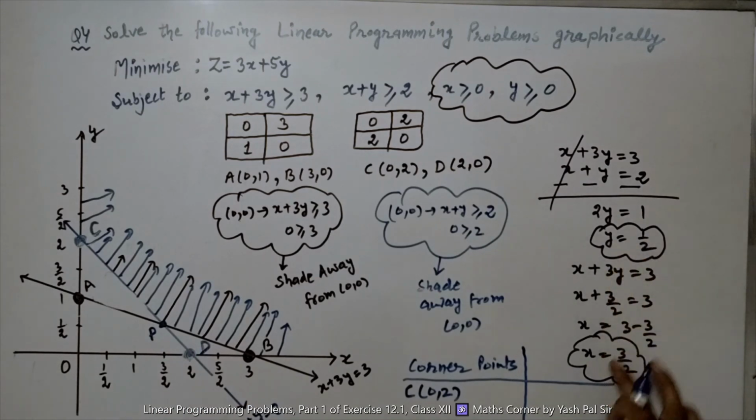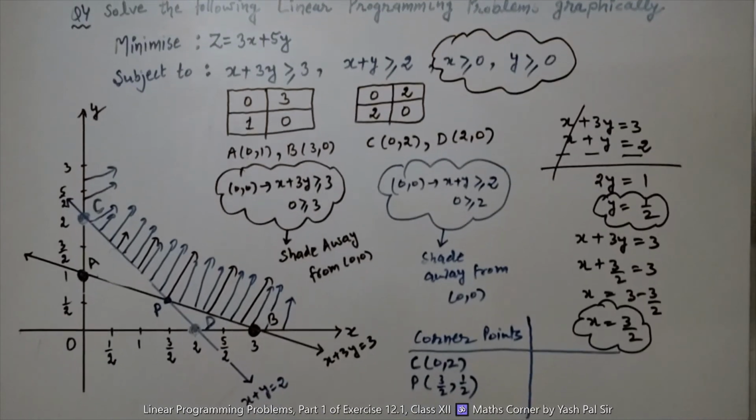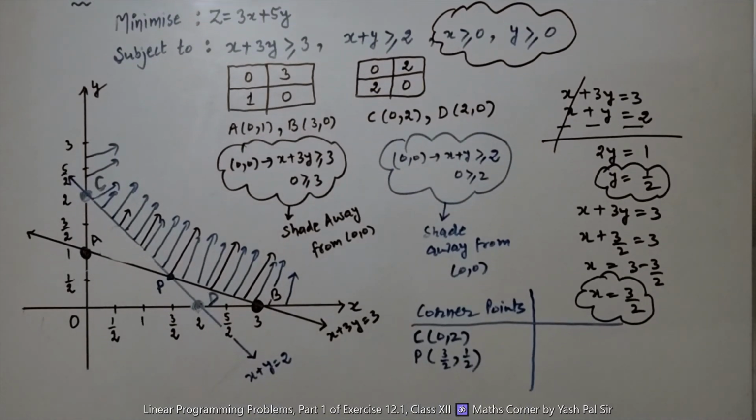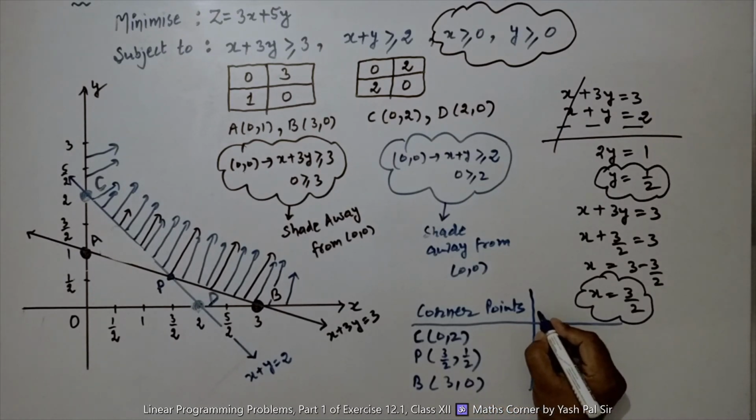This point is P, and the coordinates of P are x is 3 by 2, y is 1 upon 2. Right? Last one is B point. The coordinates of B are 3, 0.